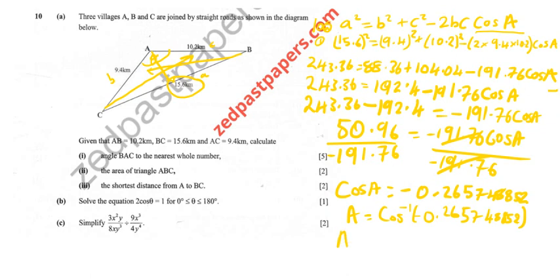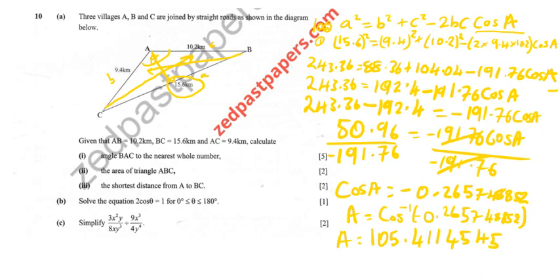You say A is equals to, so you do shift cos inverse of negative 0.265748852. I'm getting 105.4114545, like that.